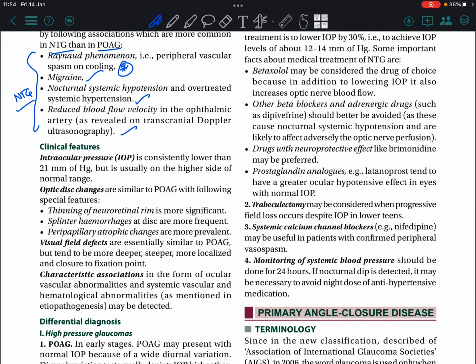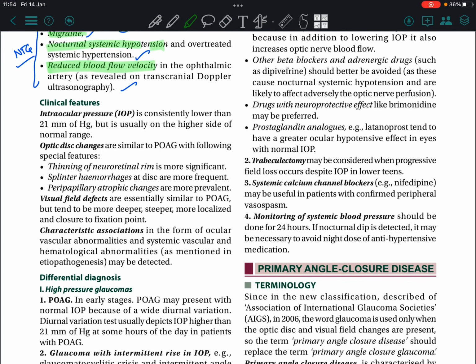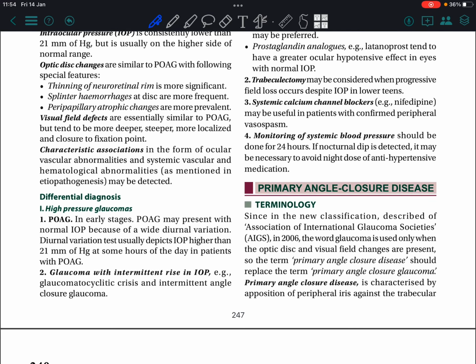These are the features seen in normal tension glaucoma. Migraine is important. Reduced blood flow velocity in ophthalmic artery is seen in transcranial Doppler ultrasonography.